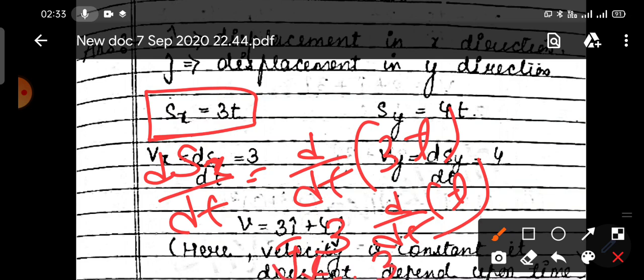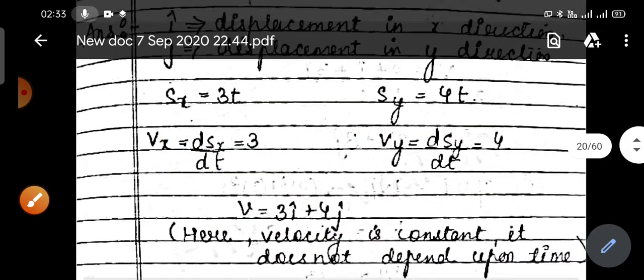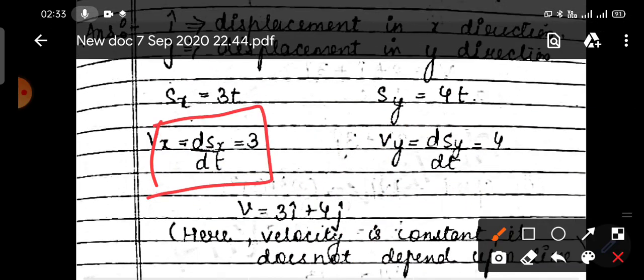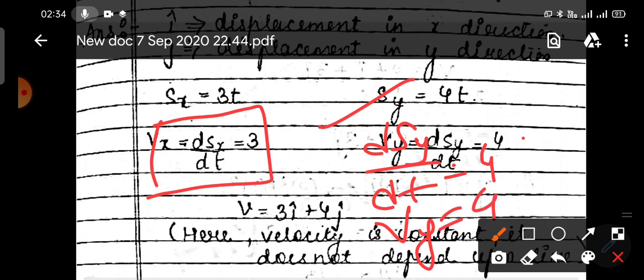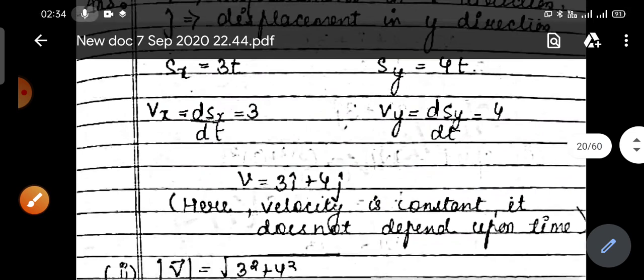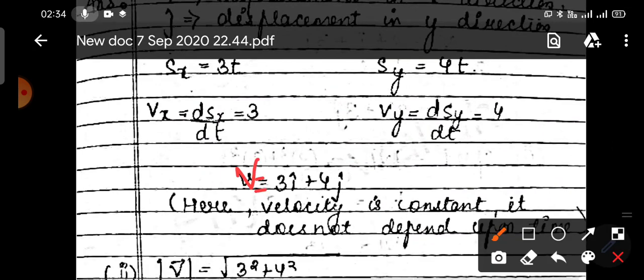So velocity in x direction is equal to 3. And similarly you have to differentiate this equation also. sy is equal to 4t. So dsy by dt is equal to 4, and differentiation of t is 1. So 4. So velocity in y direction is how much? 4. Correct?